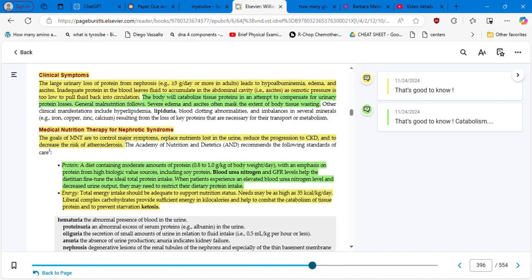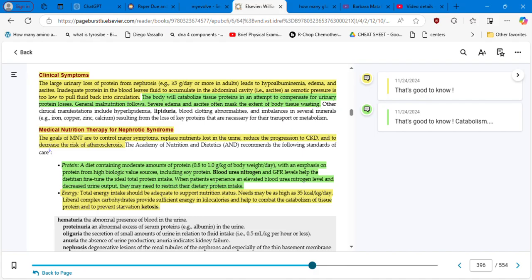with an emphasis on protein from high biologic value sources, including soy protein, and monitoring the blood urea nitrogen and glomerular filtration rate levels. Help the dietitian tune up the ideal total protein intake. So the dietitian is going to request the blood results, right?